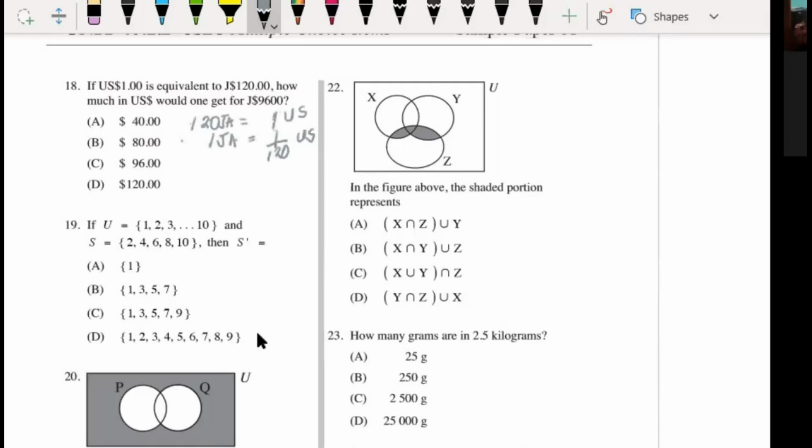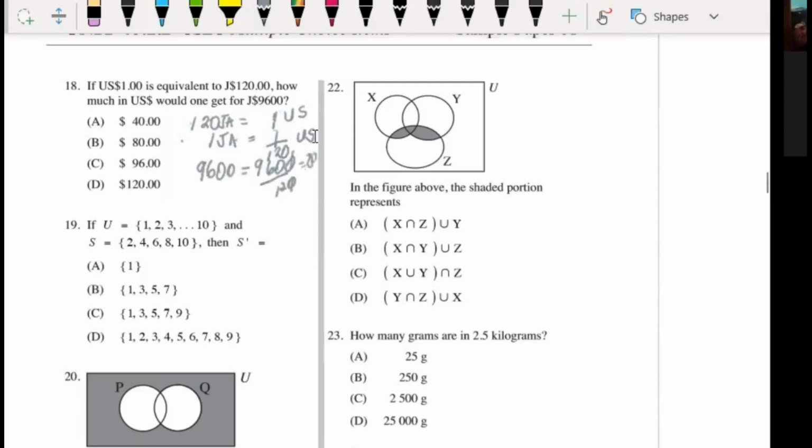Therefore, $9,600 is equal to 9,600 divided by 120. And the answer is 80. So B is the answer.